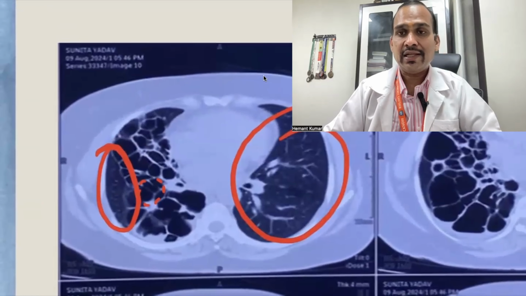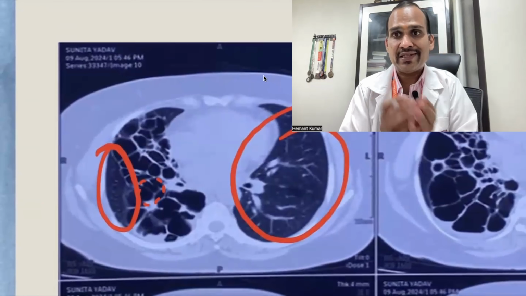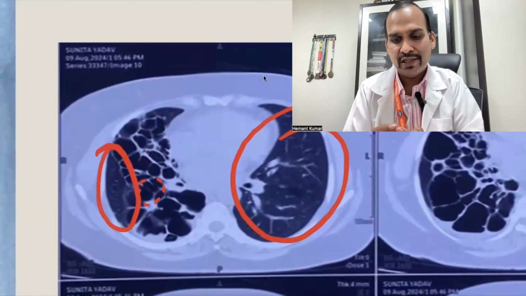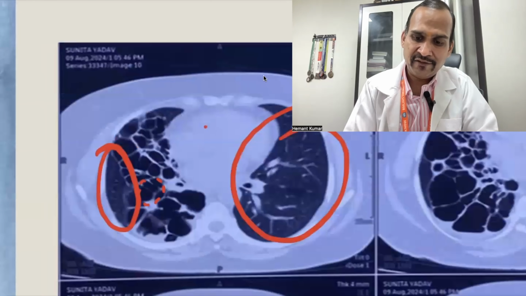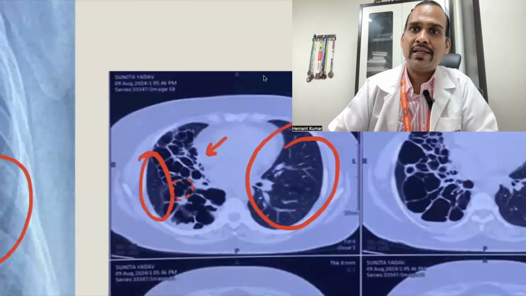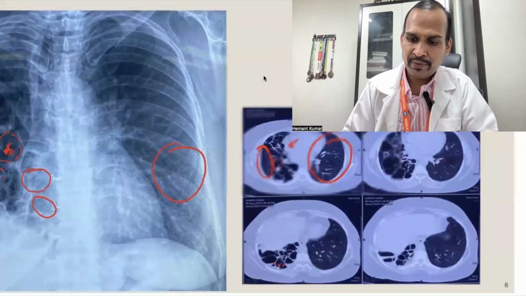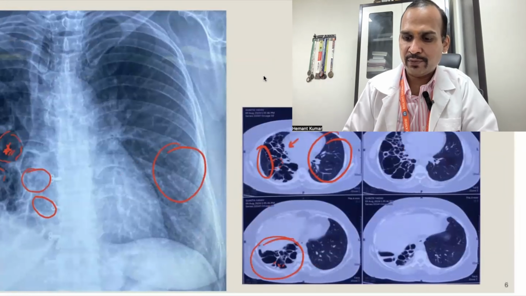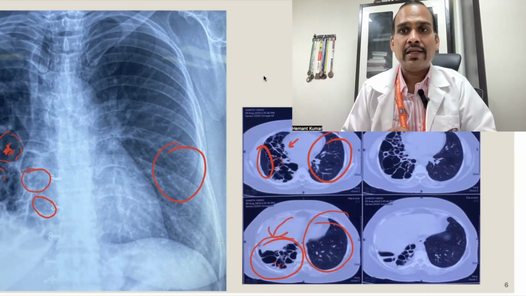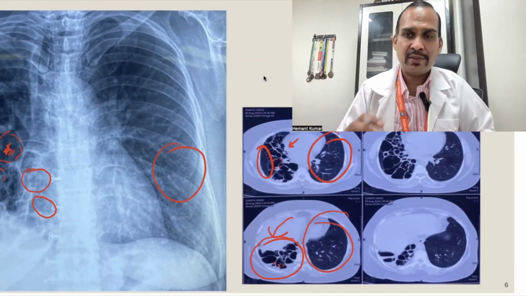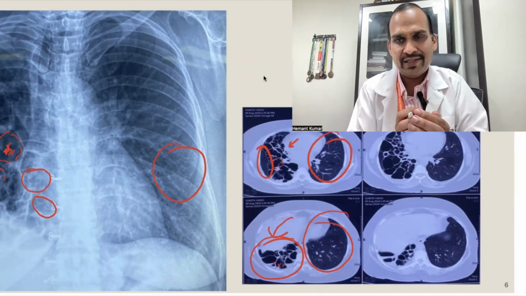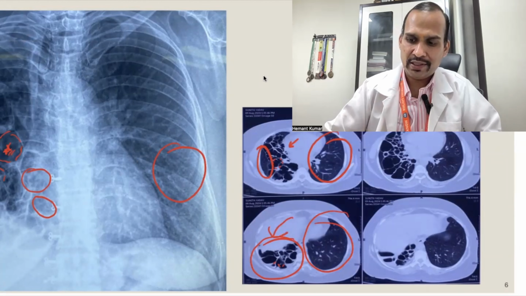So this is lung collapse because of scarring, cicatricial lung collapse. You can appreciate there is shifting of the mediastinum towards the right side. Right side is very small, left side is big, because of the mediastinal shift due to collapse. This is cicatricial collapse with bronchiectasis.